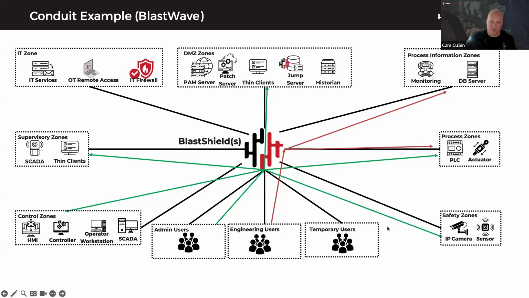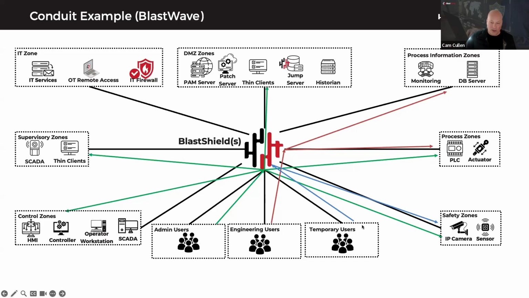You may also have something like a temporary user, a contractor who's doing maintenance. Maybe they can only access, for example, sensors, maybe they're the HVAC or something, and they're only allowed to get into that safety zone. So they cannot see and access the whole network. Anyone that's ever read up on the Target hack, which yes, was many years ago, knows an HVAC contractor was the initial vector to get inside that network and cause havoc with a data breach.